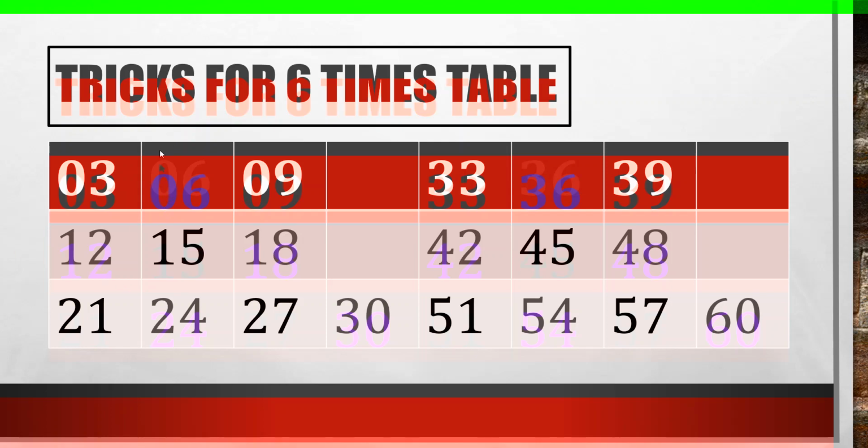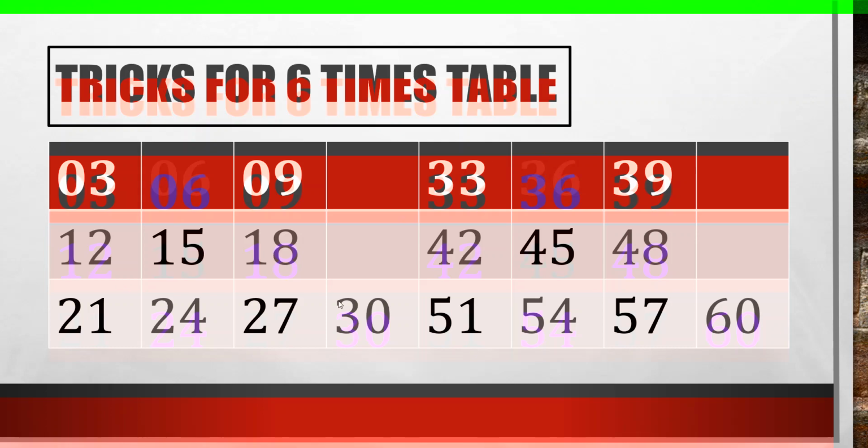This is in the purple color. It indicates 0, 6, 12. 6 times 1 is 6. Here 12. Then 18, then 24, then 30. This is the trick. Then after that 36, 42, 48, 54, 60.